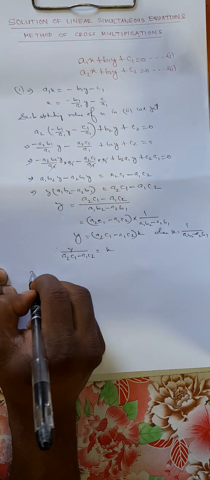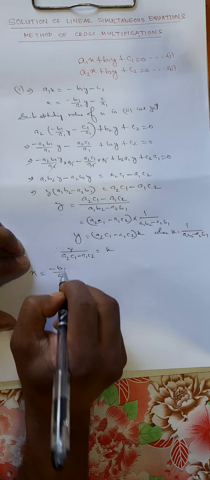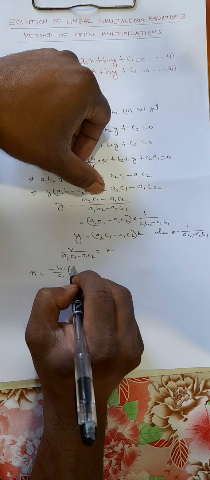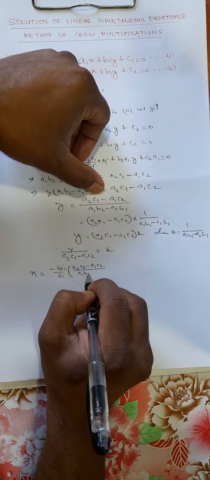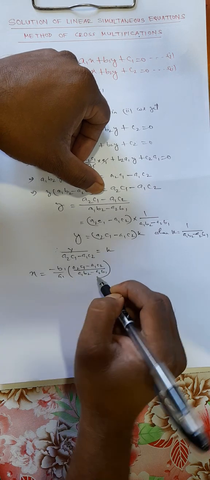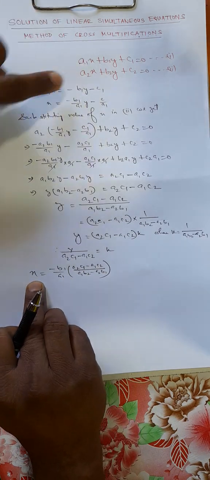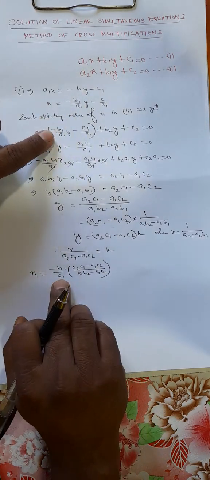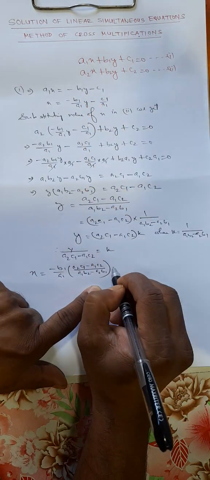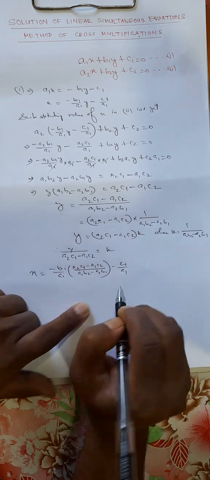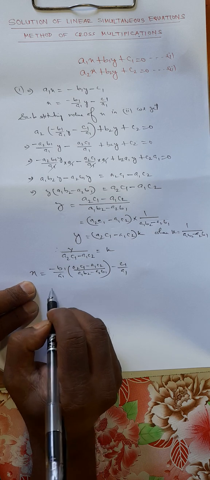What is x? x equals minus b1 by a1 into y minus c1 by a1. y means this, (a2c1 minus a1c2) divided by (a1b2 minus a2b1). So let us simplify this.